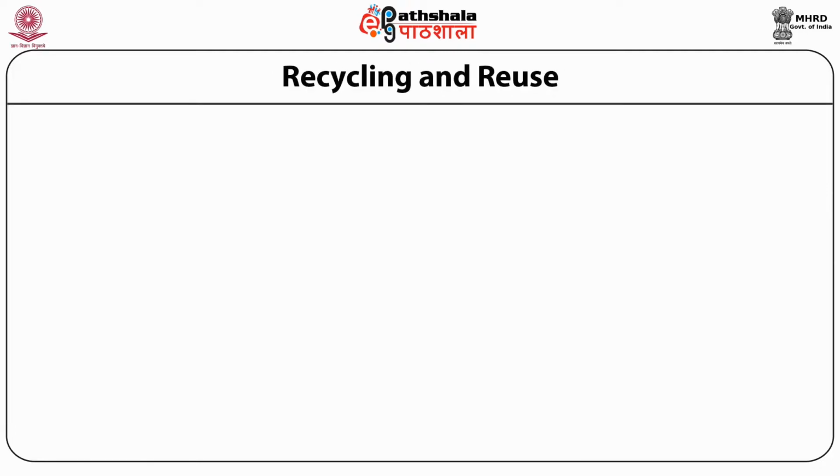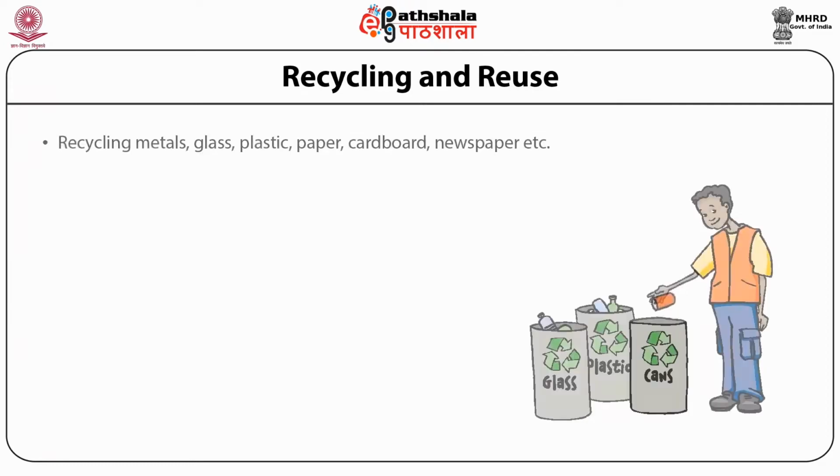As already discussed, we can recycle and reuse many things. Just before two points, I mentioned that we can recycle metals, glass, plastic, paper, cardboard, newspapers, so many things. Then we can also reuse things, like carpooling. We can also pool the paper. The newspapers can be exchanged.